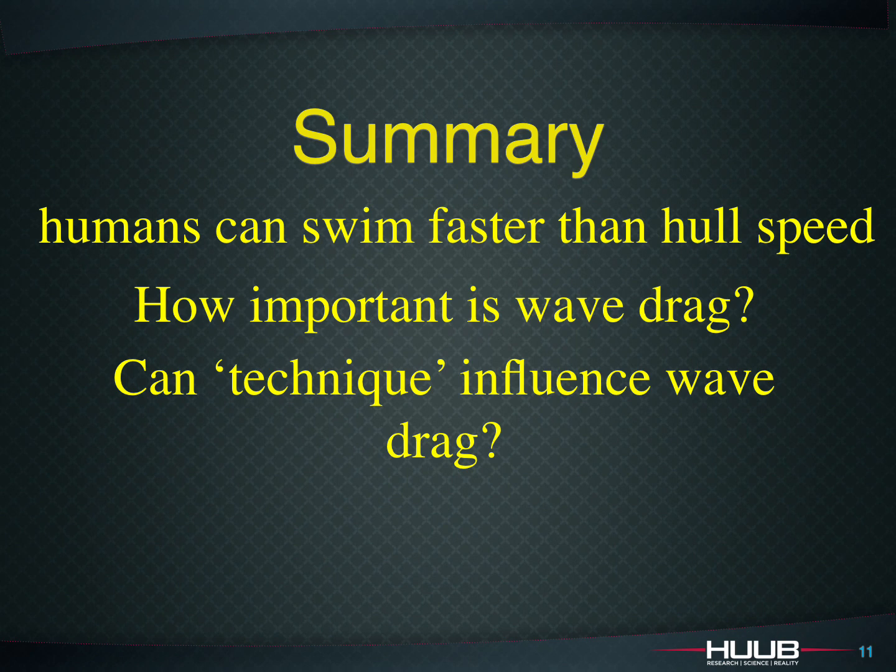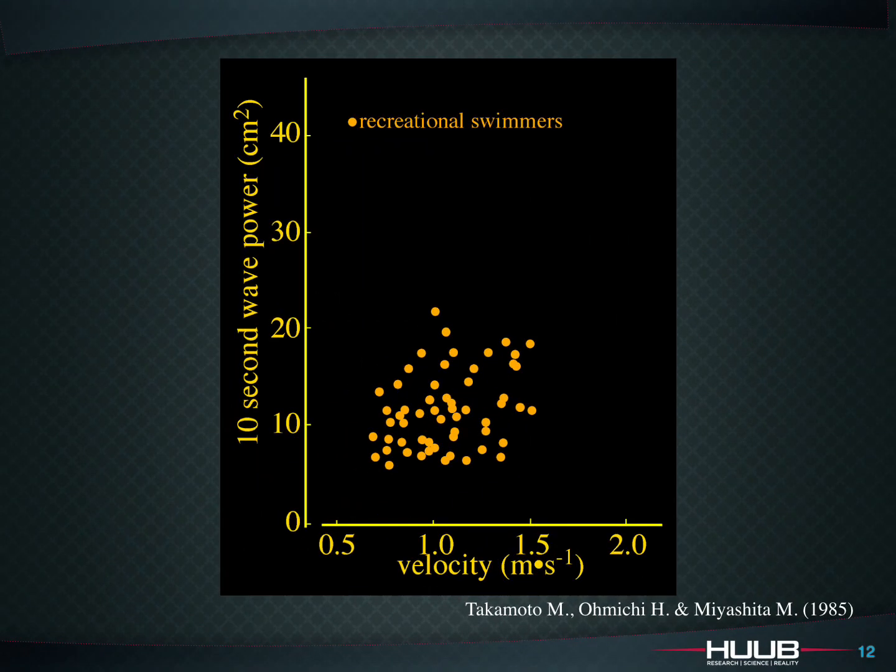So they calculated an average of the wave power, so to speak, and they did that for different swimmers. Here's the graph showing the amount of wave formation by recreational swimmers at different speeds. So you get a blob of different dots, which are representative for recreational swimmers.